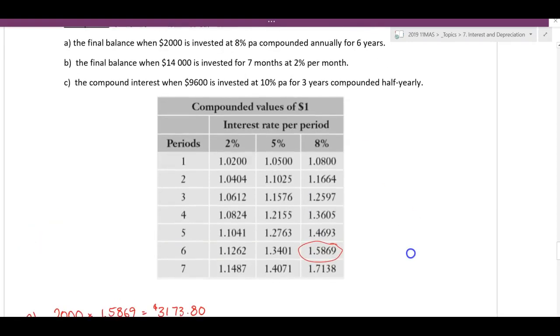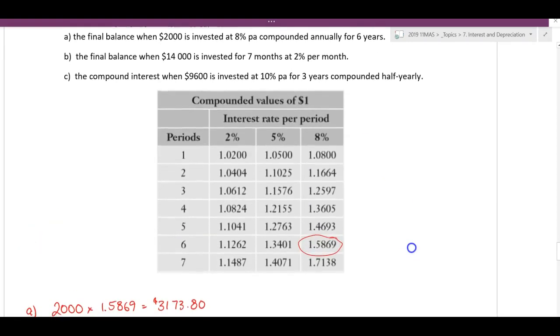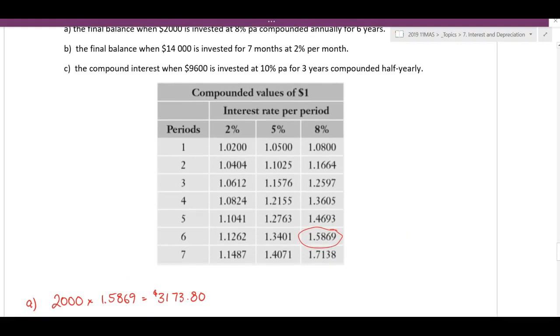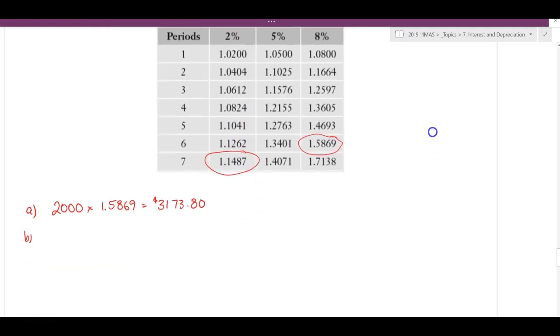For part B, the final balance again, that's A, when 14,000 is invested 7 months, 2% per month. 2%, 7 months, and I get this one.